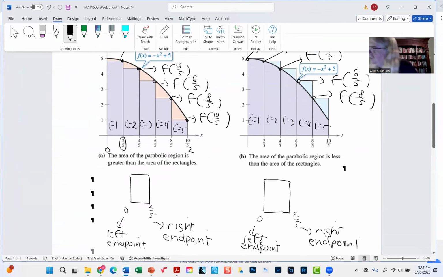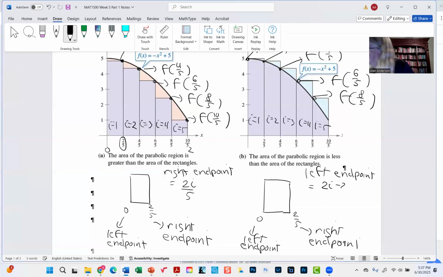Actually, I should have written the other one here. If you look at the first one, i equals 1, the left endpoint is 0, and that's what you get if you plug in i equals 1 here. And you go across and you'll see the same thing.